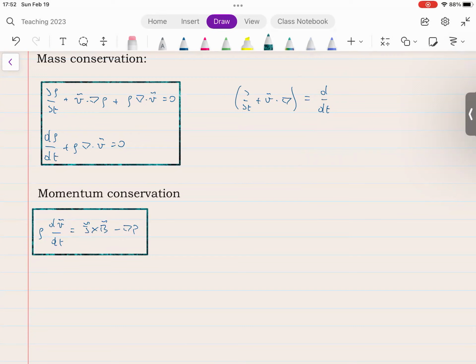And this expression gives you force balance in the plasma. So that's going to be, especially when we do MHD equilibrium calculations for a fluid fusion experiment, the most important one.